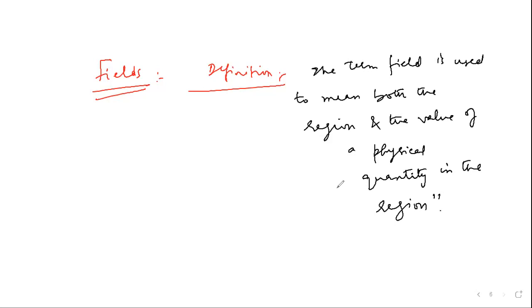What's the meaning of that? Let us consider this room in which I am giving this lecture. So in this room, I have air in the room, right? Now at every point, there is a value of temperature.